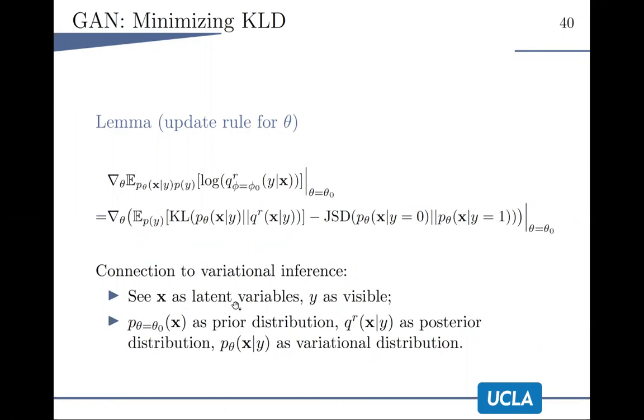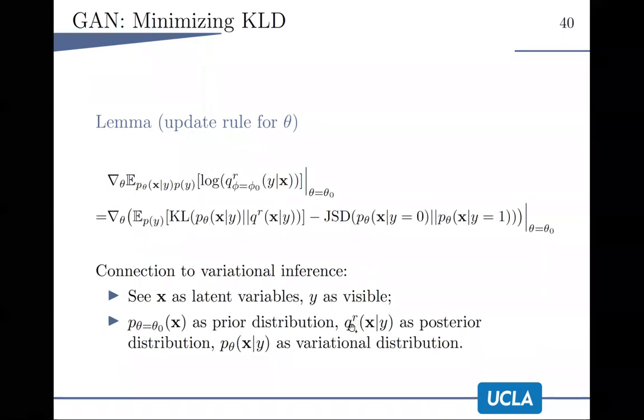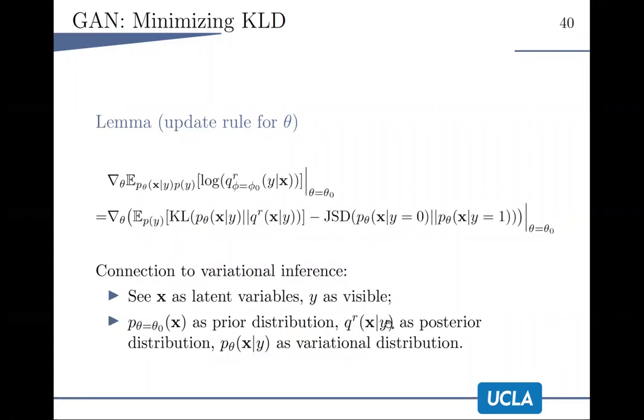If we see x as a latent variable and y as visible, and p theta with theta equal to theta 0 is a prior distribution over x, and q reversed, inferring x from y, is like a posterior distribution, and p theta is a variational distribution. Then this is said to be pretty similar to variational inference.